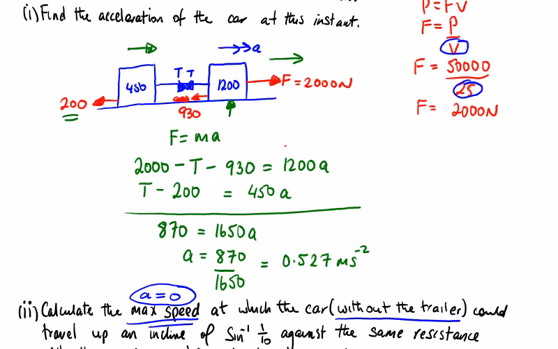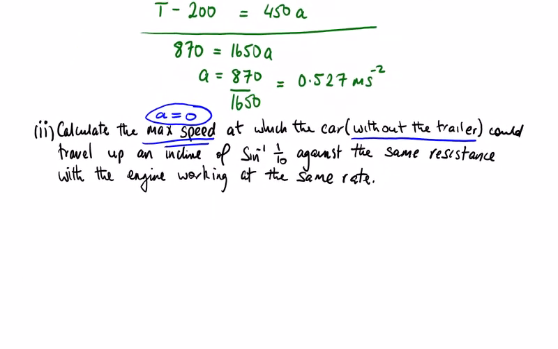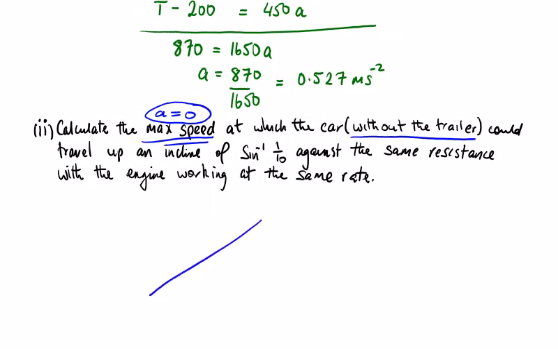So with the force driving forward, the force driving forward for me will be 50,000 over V. Okay, so that's going to be up an incline. We have 1200 still.